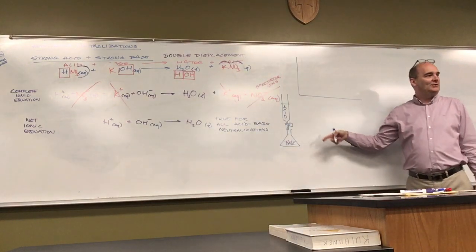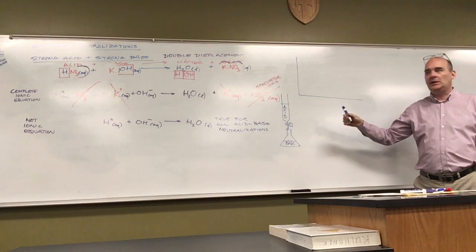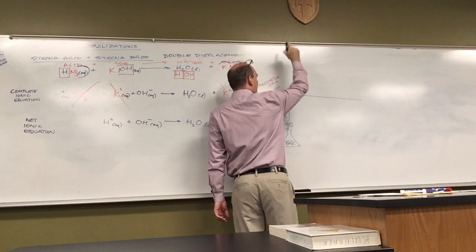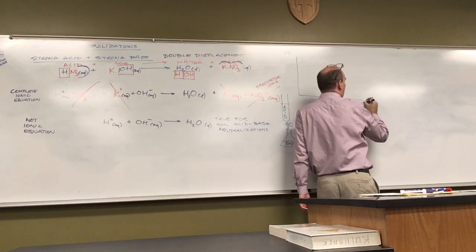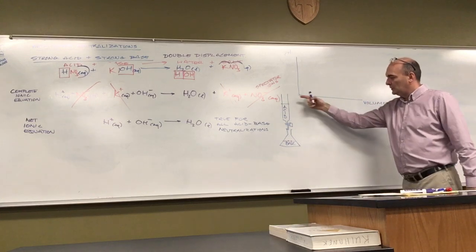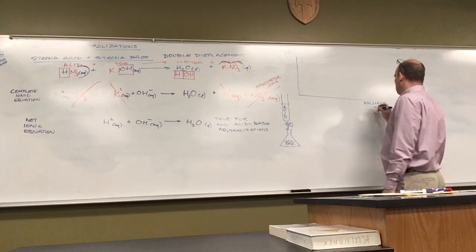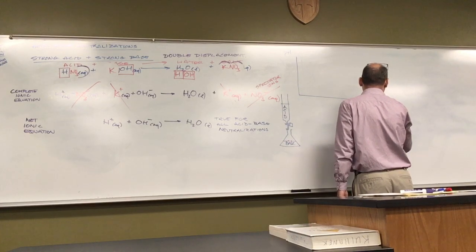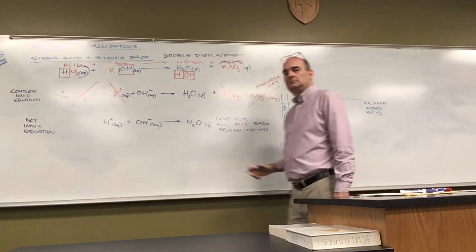So I'm doing that experiment visually. You're doing it with the pH meter and the drop counter like you did last week. So let's say this scale is pH, and this scale is volume. And it would be volume of added acid.